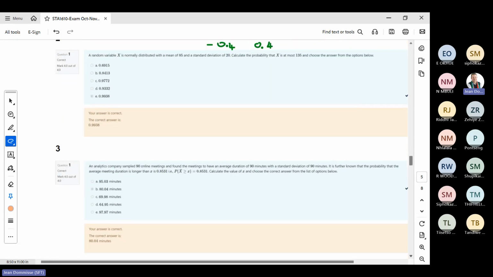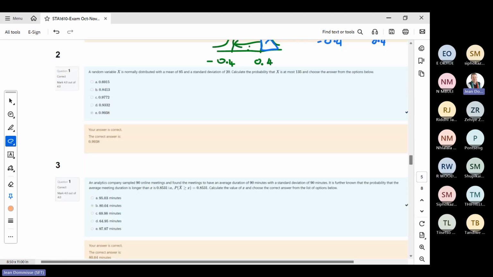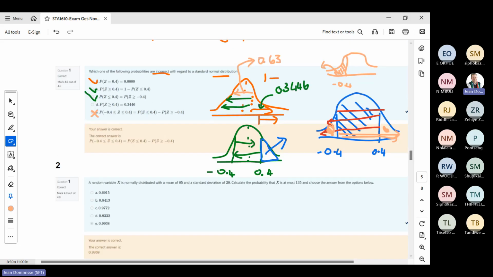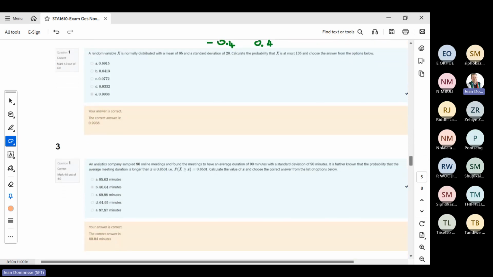Okay, let's go to the next one. With your study unit 6, there's normally a question like the one we just covered, because it looks at the symmetry and the smaller and the bigger. So there's always a question like that in the exam.